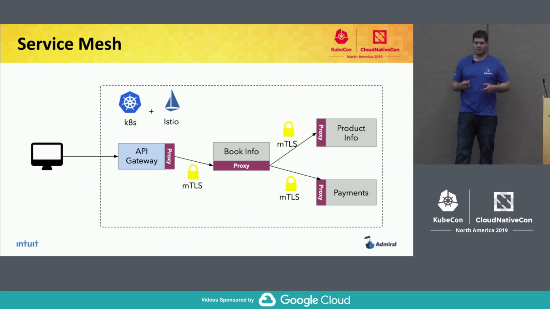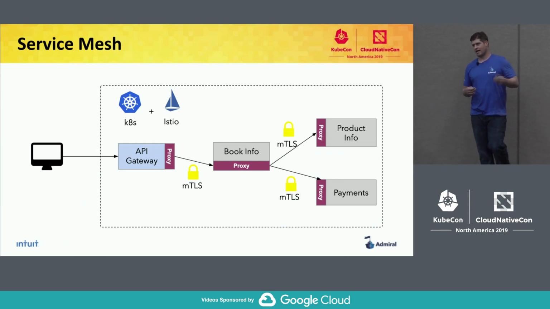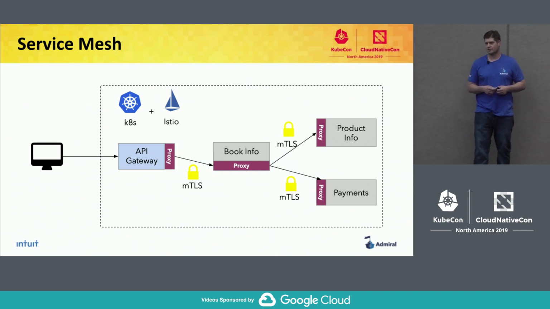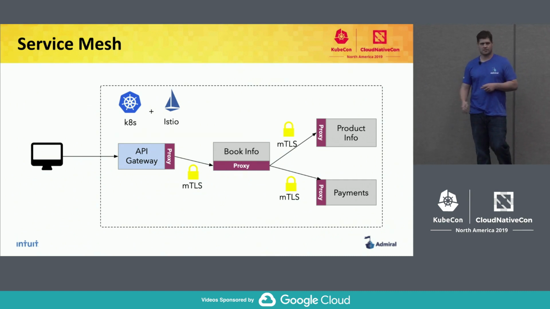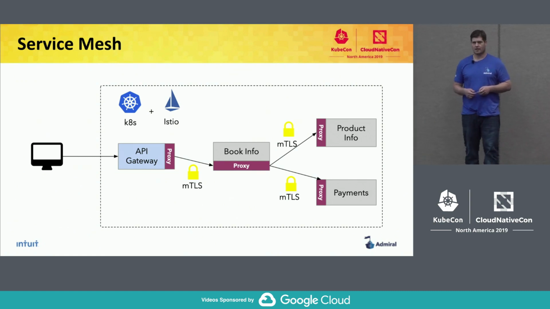Between the different services communicating through a proxy, we can establish mutual TLS. In this picture, we also left an API gateway as the ingress point. As browser traffic comes into the cluster, it would probably use a different authentication protocol, maybe OAuth or some JWT authentication. So we still have a controlled ingress point. But this gives us the ability to get observability and intelligent routing inside of our clusters, which is great.